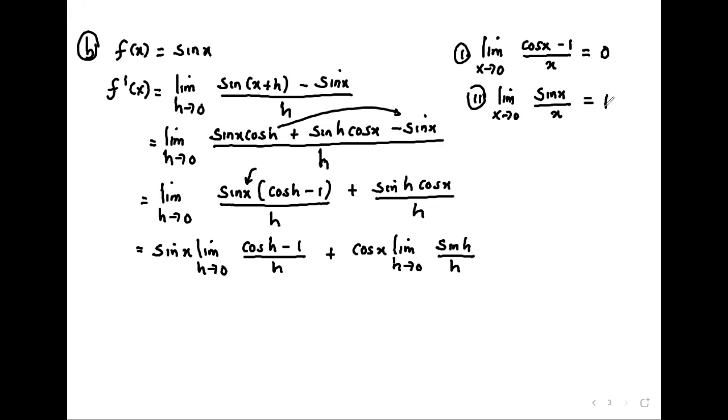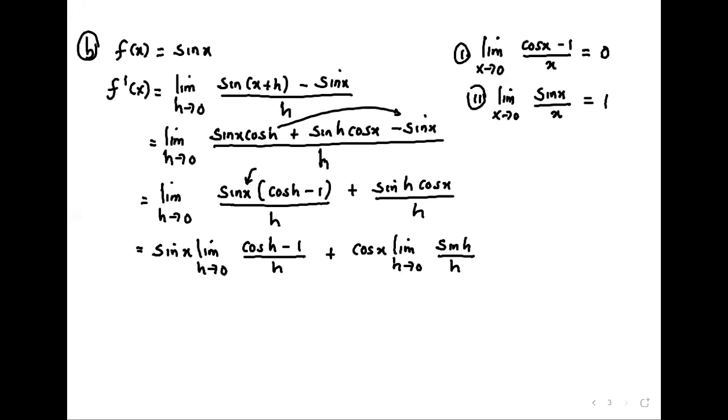Hang on. I'm behind. Starting from the second step, we have sine x cos h plus sine h cos x minus sine x. And what we notice is that we are seeing sine x here and sine x there. So you could factorize.